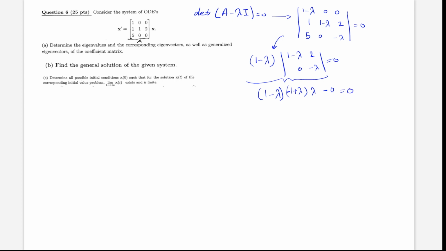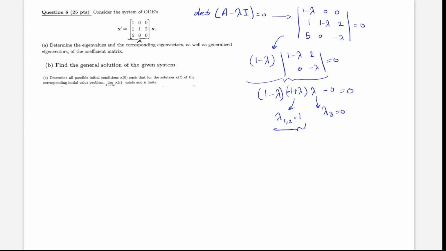So what we notice is that lambda 1 and 2 will be 1, and also lambda 3 will be 0. So we have repeated roots here. As we can see, it's repeated 2 times.